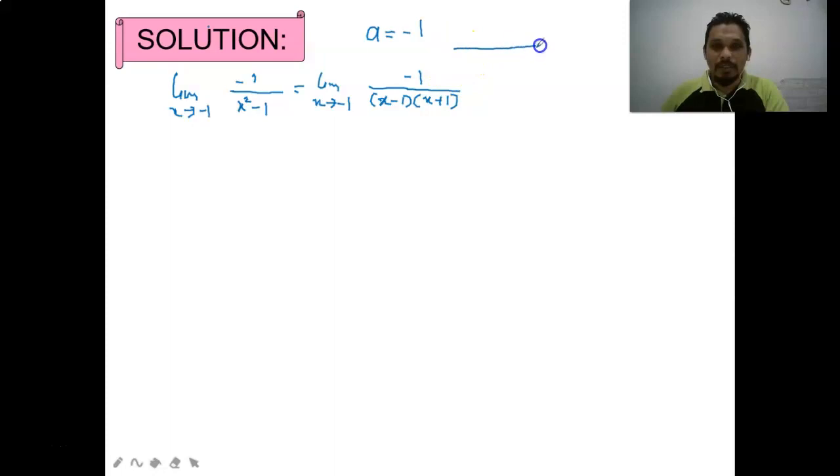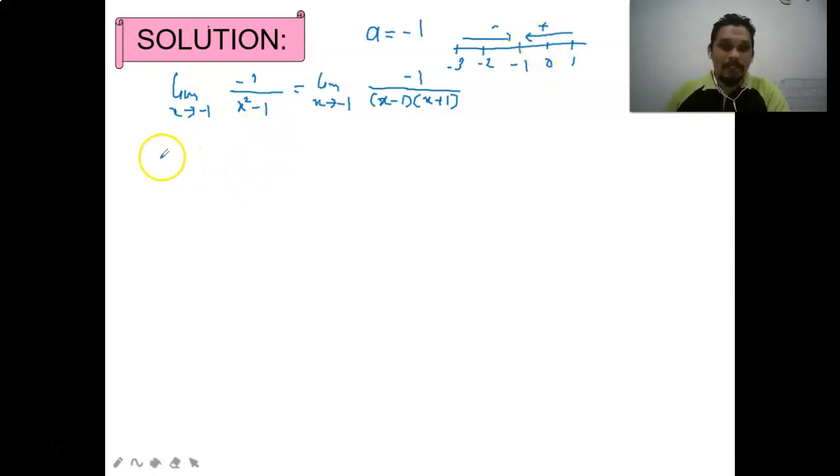So now, let's say this is negative 1. With x approaching a, which is negative 1, from the left, we might say it is negative 3, negative 2, negative 1.5, and so on. And when x approaches a from the right side, we have 1, 0, negative 0.5, and so on.